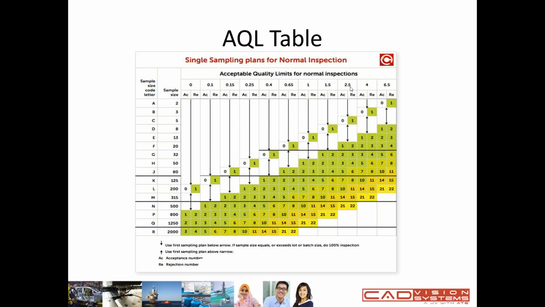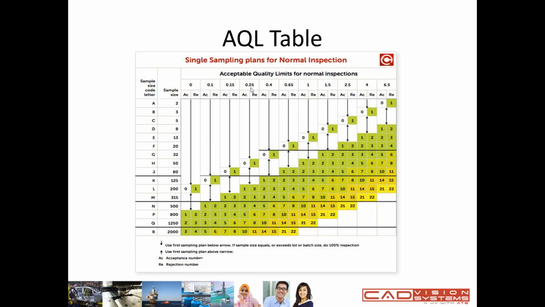The 2.5% should be here, at 10 and 11. So for the major defects, you can have 10, and only if you get 11 will you reject.